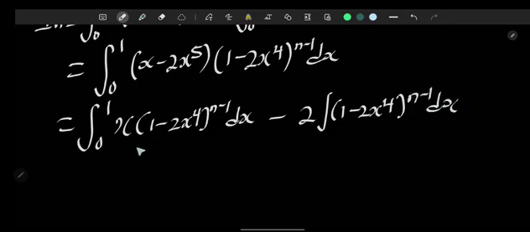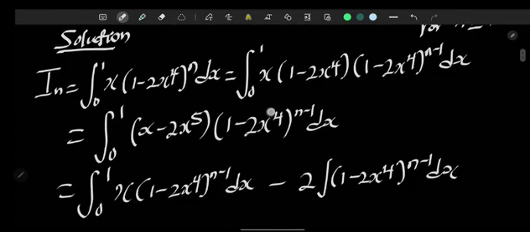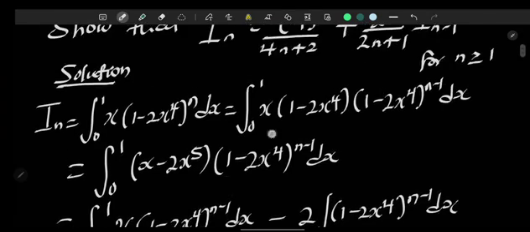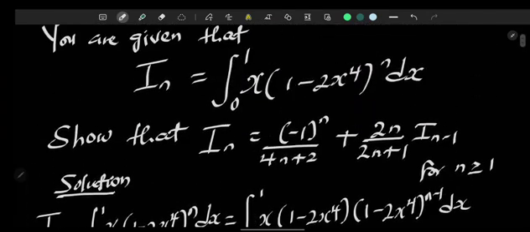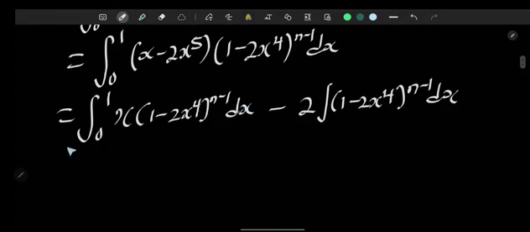When you look at the integrand of the first term here, it looks like what you were given in the question, but the only difference is the power. The power in I_n is n, while the power here is n minus 1. So for that reason, this is going to be I_(n-1).